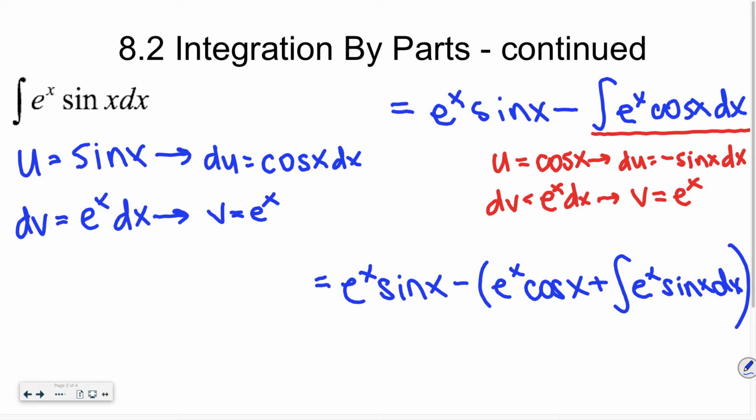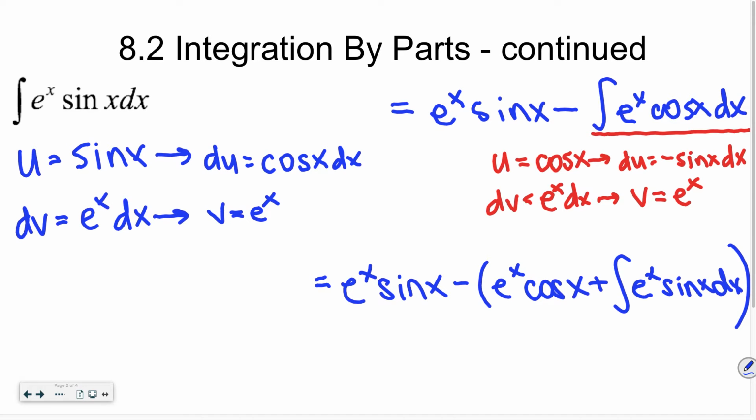Wait, but wouldn't it be minus if you put it in parentheses? It would be addition because this is a negative sine of x. So we're subtracting the negative sine of x times e to the x dx. So I'm just going to go ahead and make that a positive. e to the x sine of x dx.